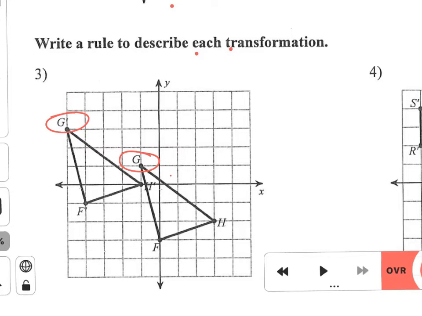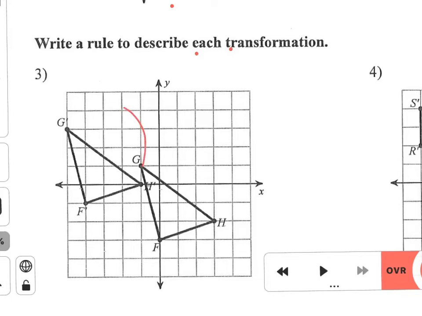Now, if you wanted to know what was going on between your pre-image and your image, you could pick another point such as F and F prime, or H and H prime. You just need to make sure that you're looking at the same point. So to get from G to G prime, I'm going to look at what's happening. So how far have I moved right or left first?